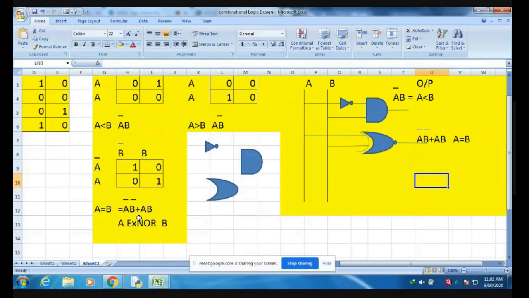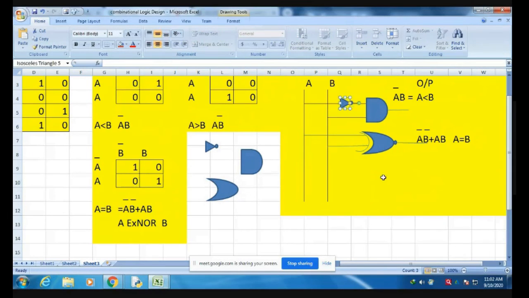Now the third output is for A is greater than B. For A is greater than B, what is the output? A dot B bar.